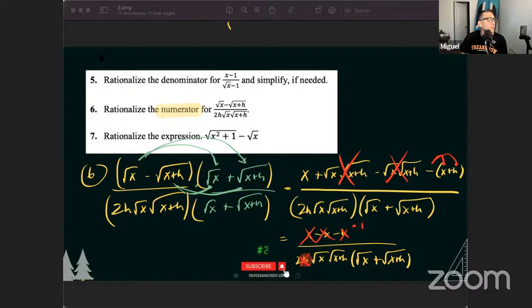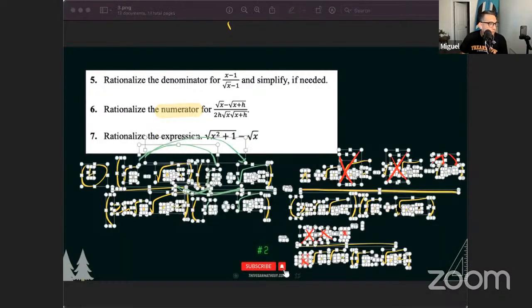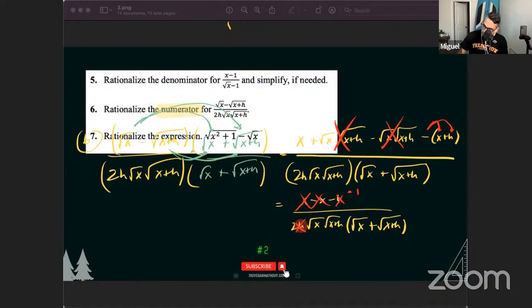I want to have enough space to write at least the end of our problem here. Okay, there you go. Looks good. So now what does this become? It's going to be -1 over 2 root x plus h times root x plus h.